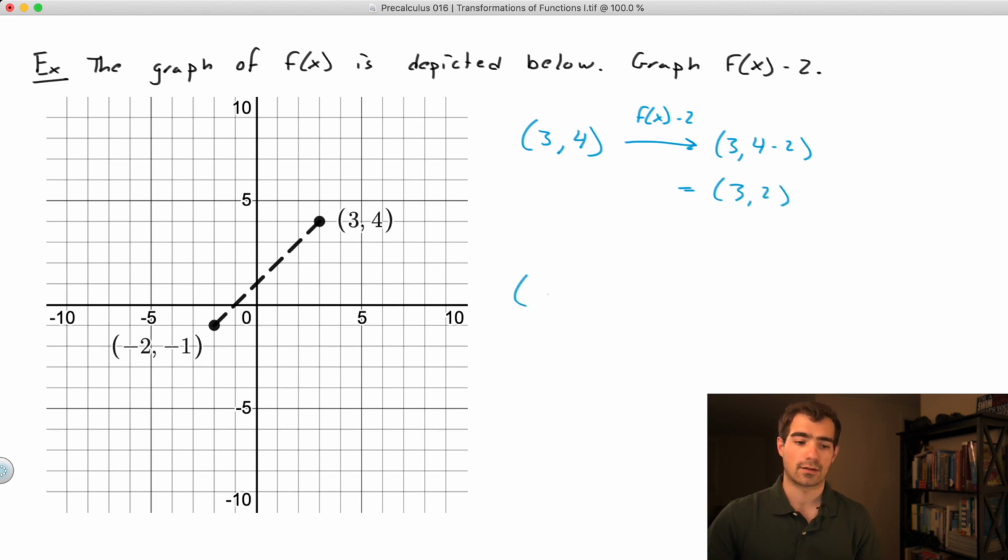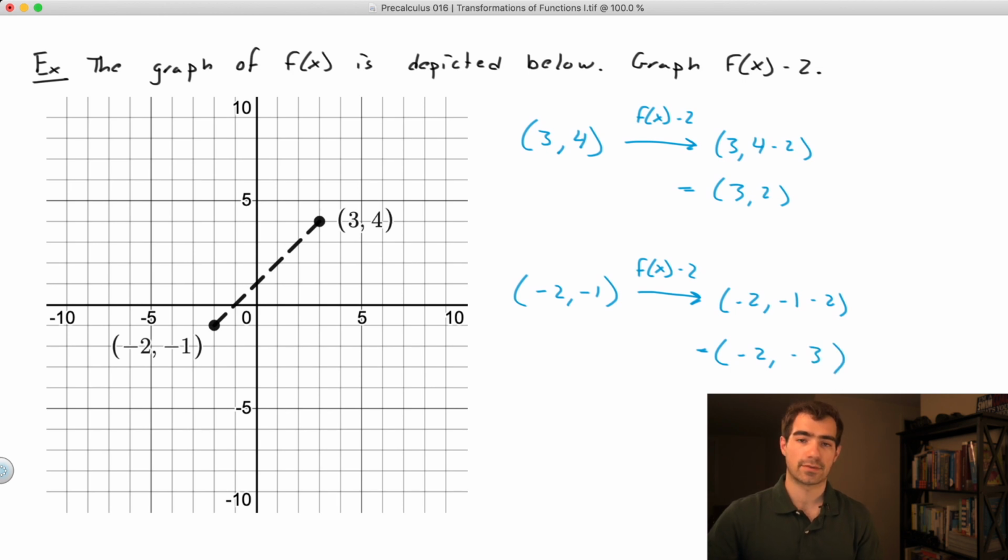We can take a look at our other point, (negative 2, negative 1), and do the same. We take f of x and subtract 2 to represent a vertical shift down by 2 units, giving us (negative 2, negative 1 minus 2), or in other words, (negative 2, negative 3).